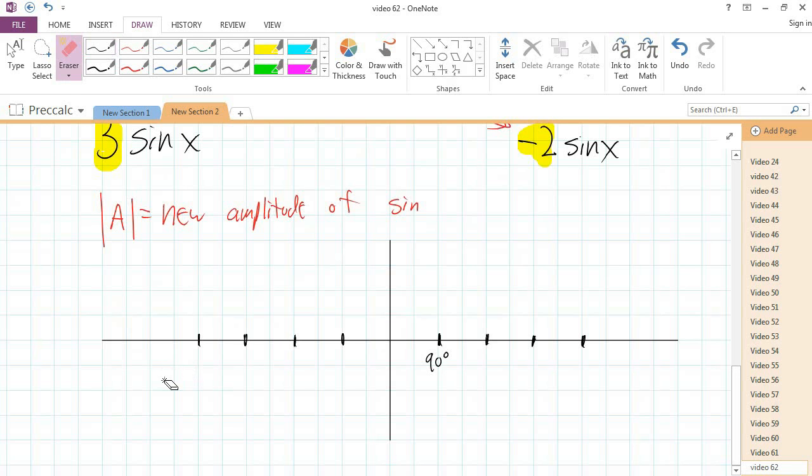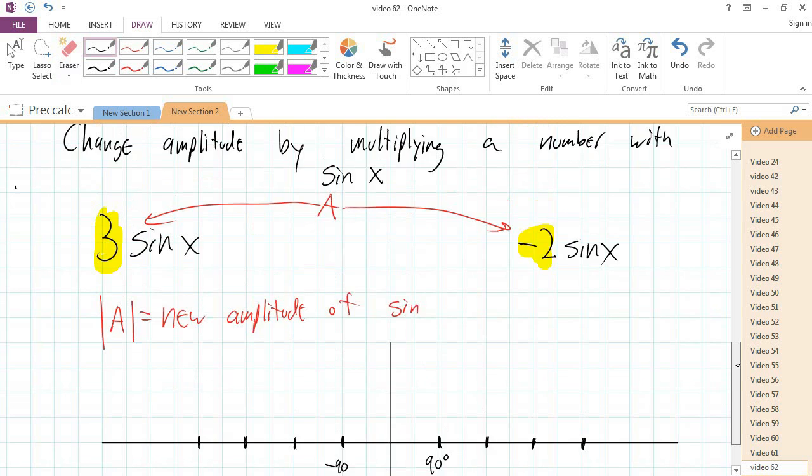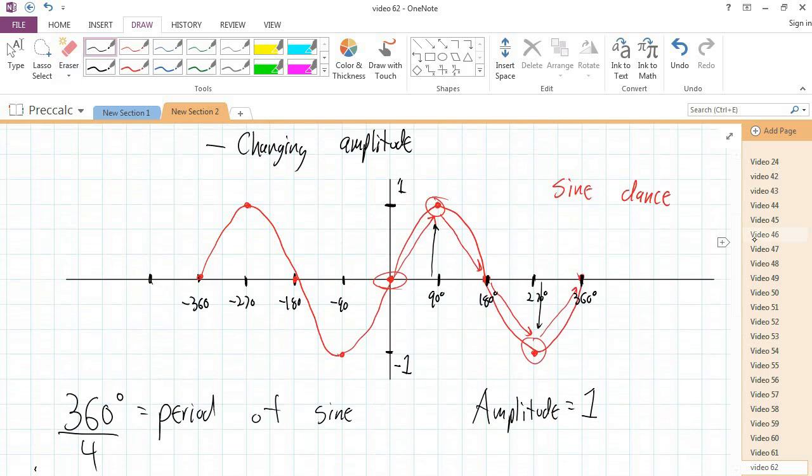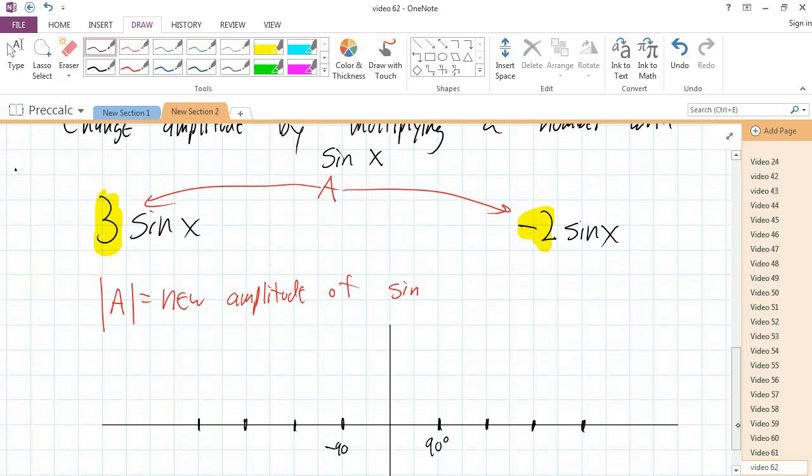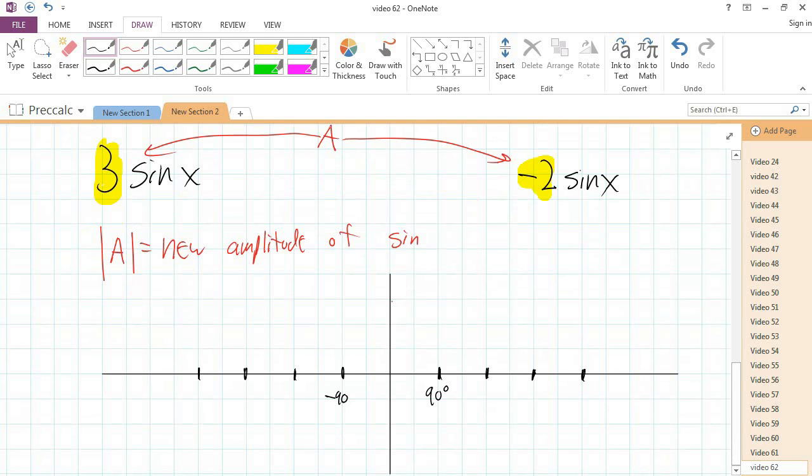Now, on my y-axis, I mark the high and low points of sine. In the previous example, those high and low points were 1 and negative 1. Now, this sine of 3x has an amplitude of 3, so my high and low points are 3.